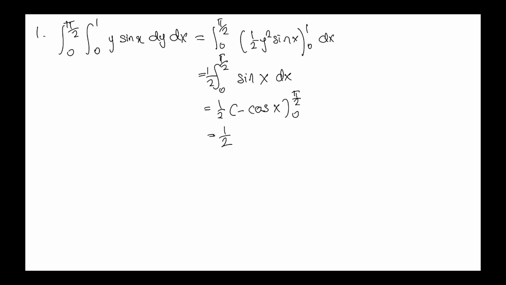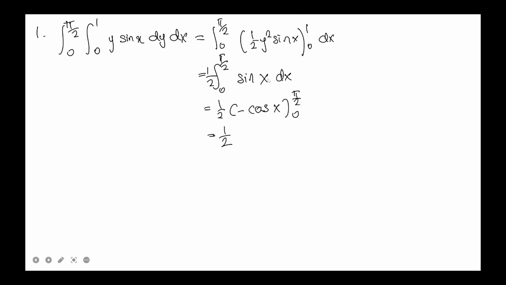For question 1, it is a simple double integral, y sine of x. The integrand is y sine of x, and you take the integration with respect to y first and then x. Perform the integration with respect to y, and then substitute the boundary.